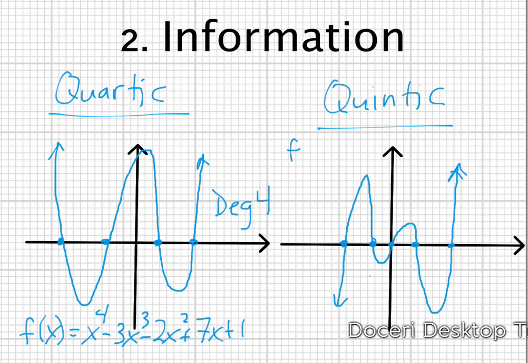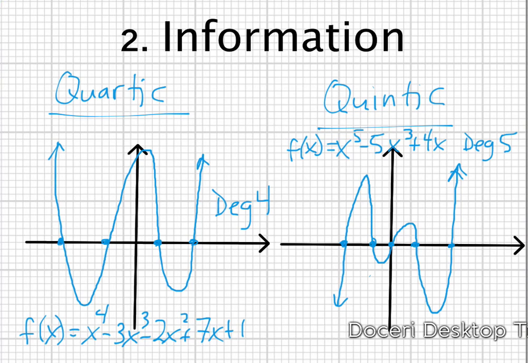This is f of x equal to x to the fifth minus 5x to the third plus 4x, and its degree is 5. So these are the basic ones that we're going to talk about. These are the general shapes of the graphs for polynomial functions with a positive leading coefficient.